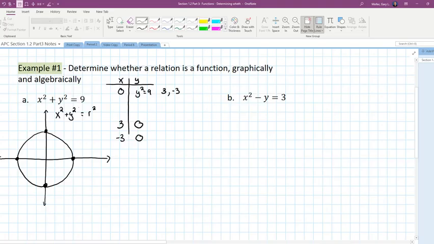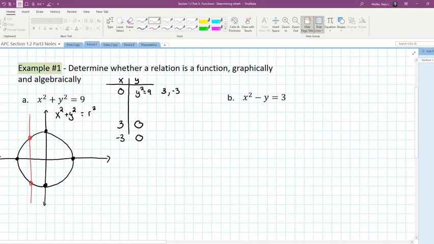Okay, so clearly by looking at the graph, it fails the vertical line test. If we pass a vertical line over this, we're going to hit multiple values of y for one single input of x.